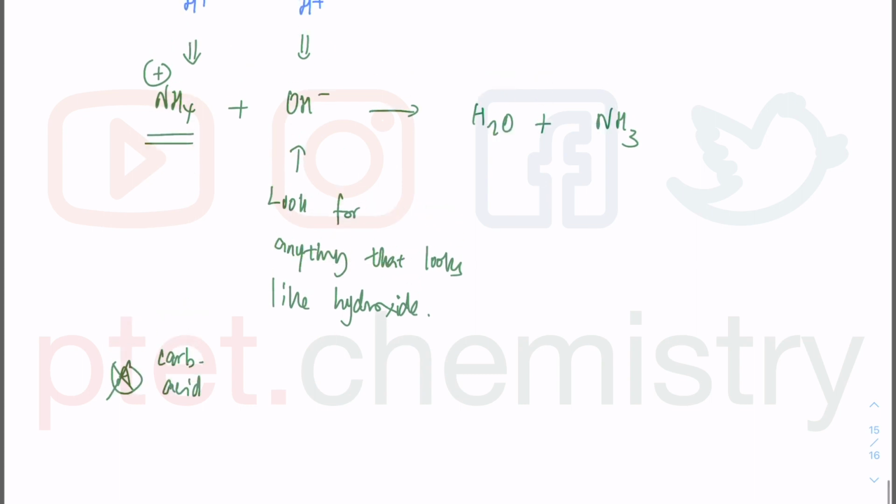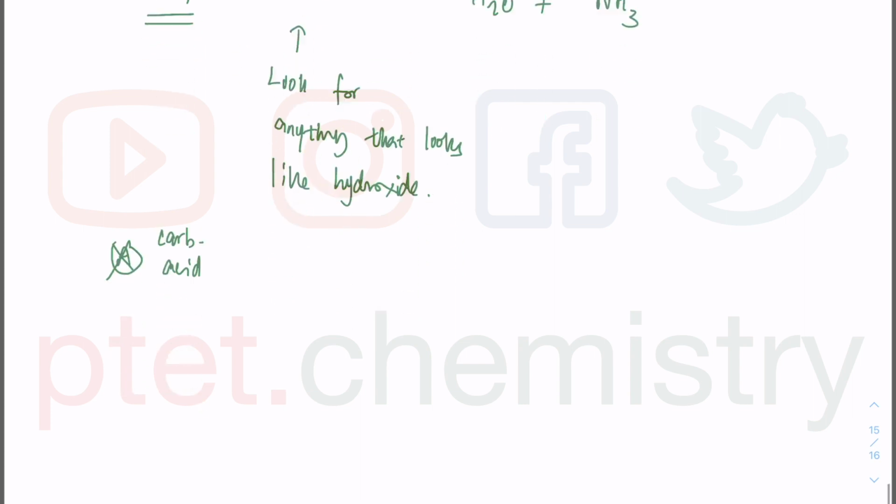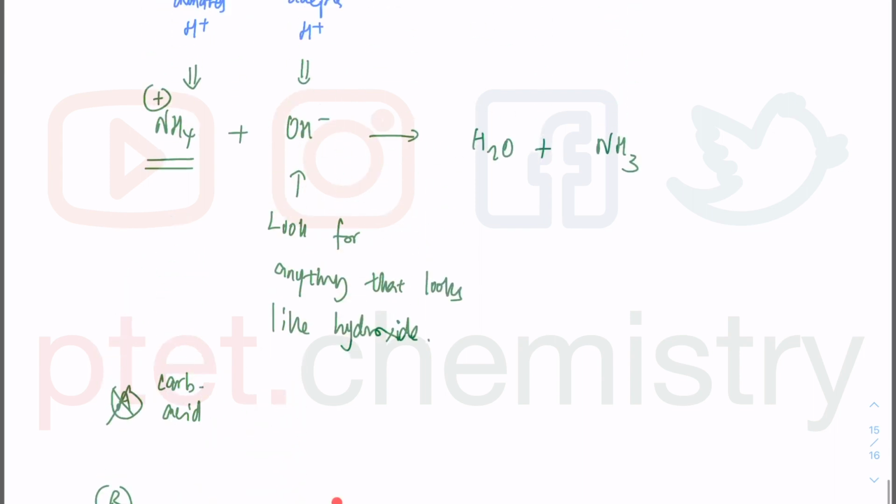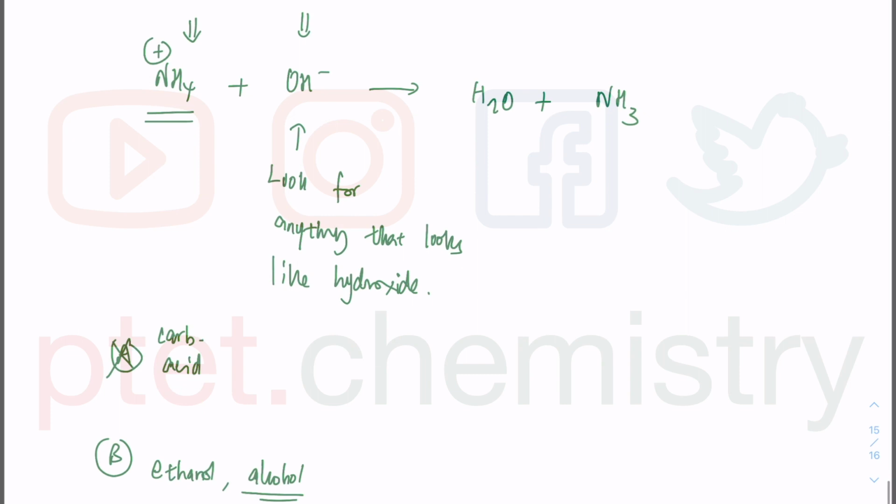Carboxylic acid is the furthest thing from hydroxide, it's the total opposite, so you don't go for carboxylic acid at all. Option B is ethanol, so it's an alcohol. And if it is alcohol, it is not like a hydroxide because for one thing, it doesn't have a charge, and you have a better choice, which is option D.